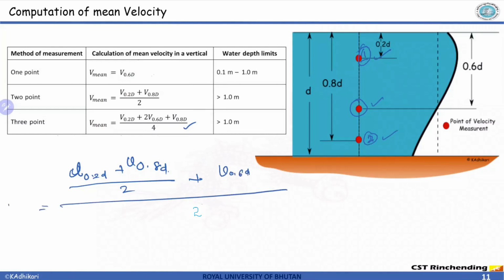This is the average velocity of the stream. If you do the manipulation, you will finally get this equation. First you are averaging these two, then you are averaging with the 0.6 d. So that's how you calculate the three-point method of measuring average velocity.